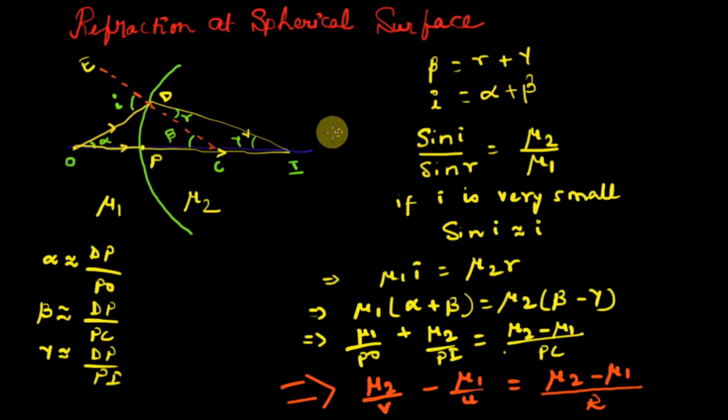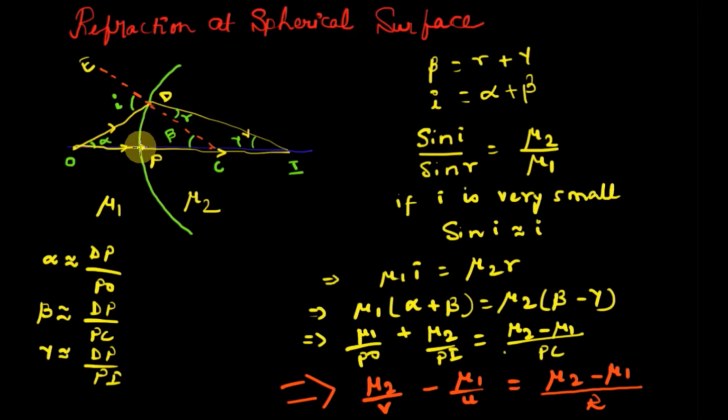Now we apply our very famous refractive index equation. In this particular case, it will be sin I by sin R is equal to mu2 by mu1. Please note that for our analysis, we'll assume that the point where the incident ray hits the spherical object, which is D, is very close to the pole.